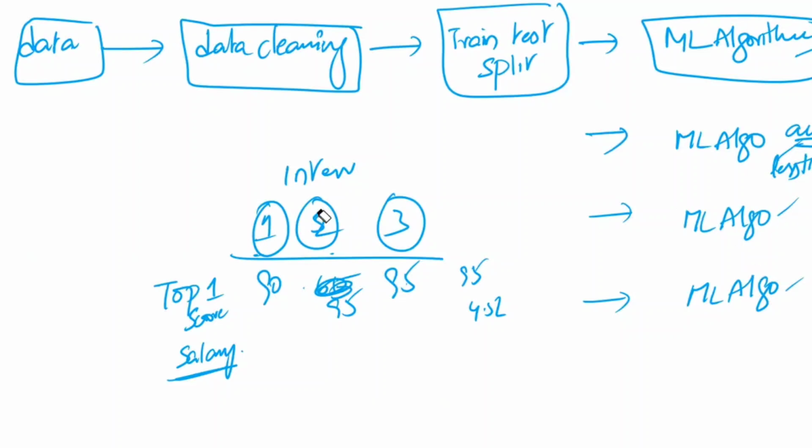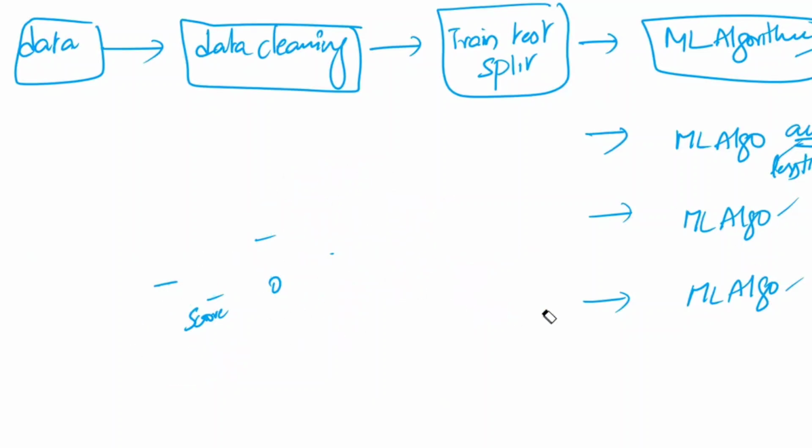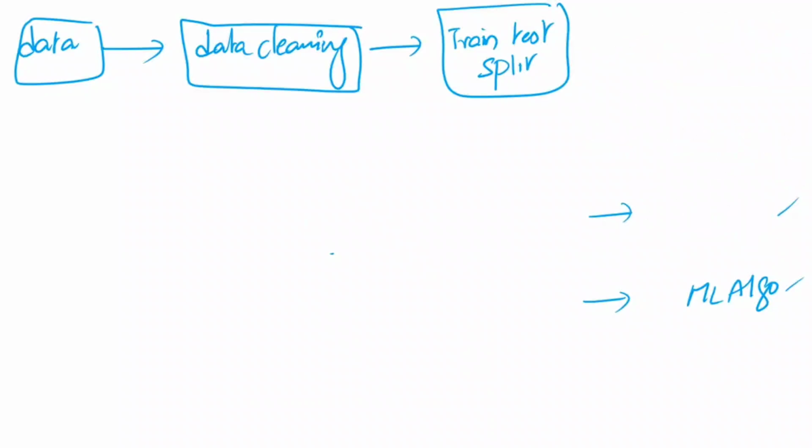So, similarly, here what we are going to do, miss, after doing the train test split, we are going to fit the data. So, let me write it this way. Data cleaning. Once the data cleaning is completed, we are going to do the train test split.